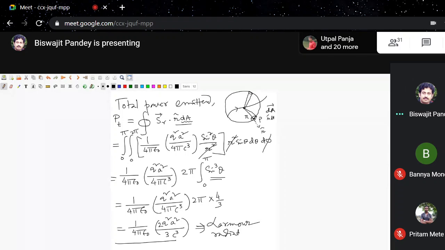This is an important formula that you have to use in future calculations. This is the power emitted by a non-relativistic moving point charge in any direction. This is the expression for radiation.